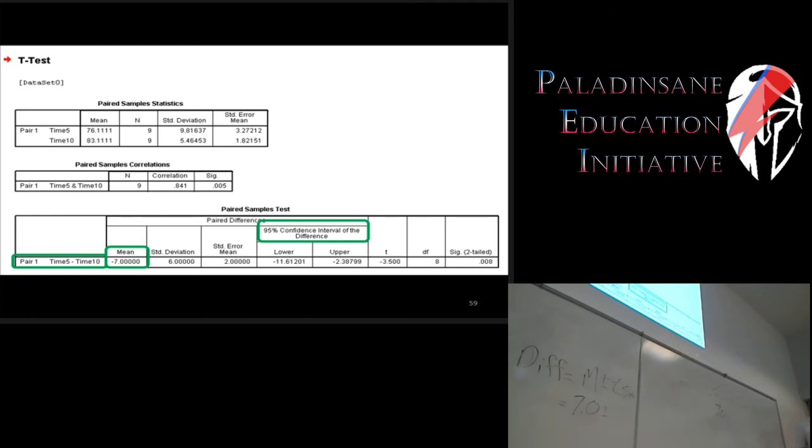The next thing we do is we need your upper and your lowers. So you're going to see the mental gymnastics in action right now. My upper is -2.387, but that is the decrease going from 10 seconds to 5 seconds. I want the increase going from 5 seconds to 10 seconds. So that negative upper value becomes a positive lower value.